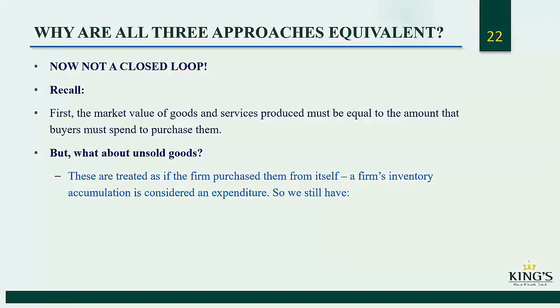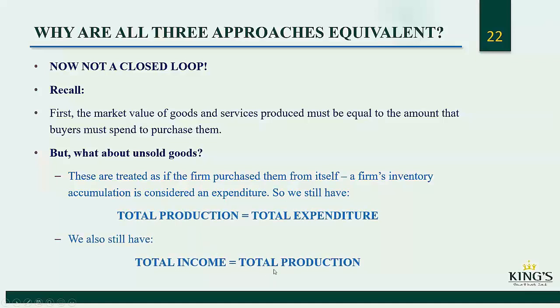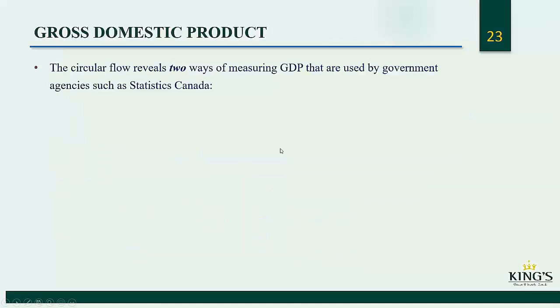When we have unsold goods, we can think of them as being purchased by the firm because they made them. So unsold goods, or inventory accumulation, we just consider as an expenditure by the firm. We treat it as if the firm just purchased them from themselves, and so we still have all of these three things being equal.